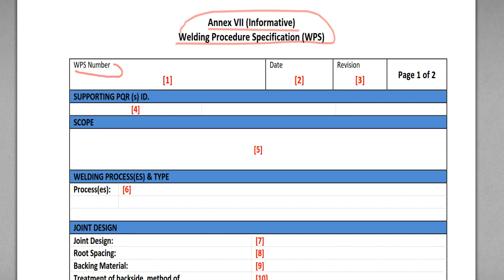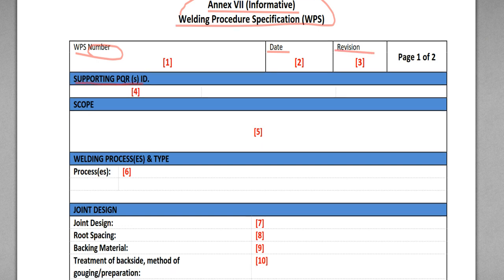You have here the WPS number, date, revision, and supporting PQR number, and the scope: welding process, like SMAW, GTAW, GMAW, FCAW.